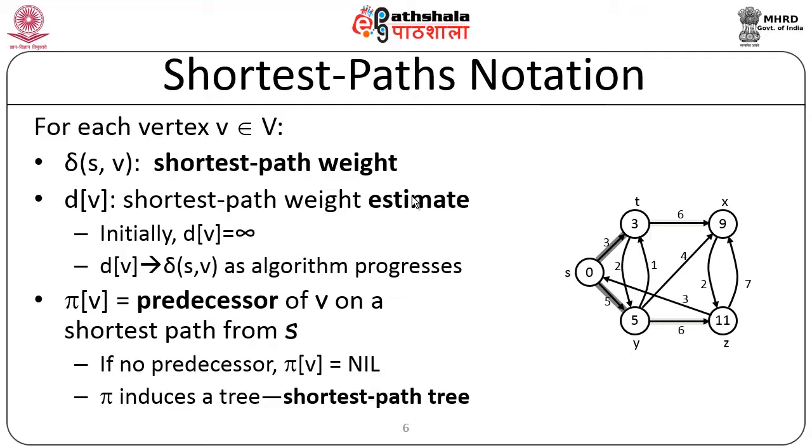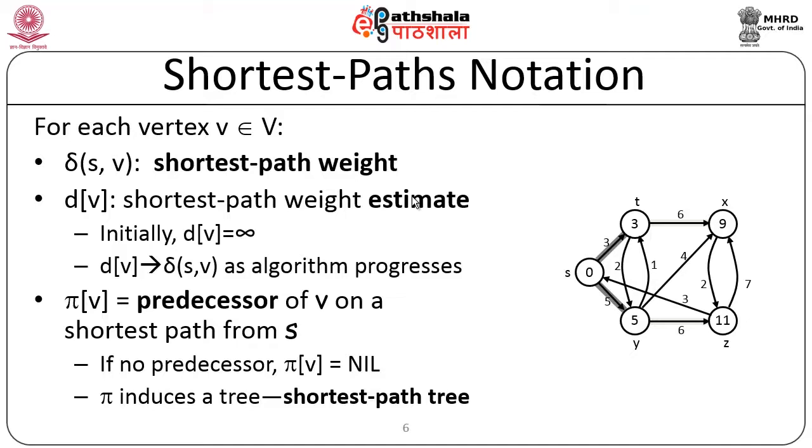Now, d[v] is the shortest path weight estimate. Initially we assume that d[v] is equal to infinity. As the algorithm progresses, the d[v] value, the infinity value or the cost value or the weight value, will go towards delta(s, v), which is the actual shortest path weight.